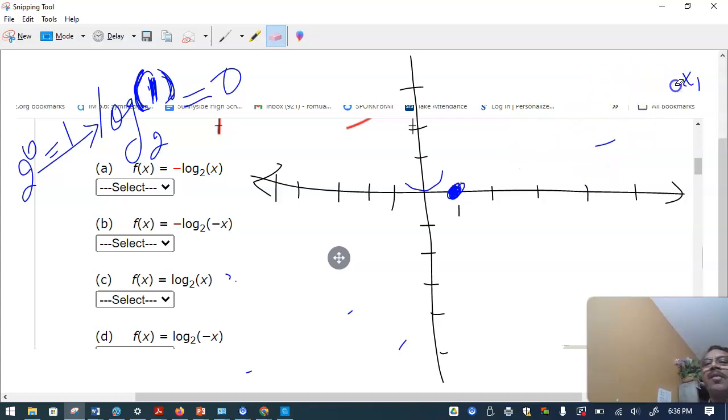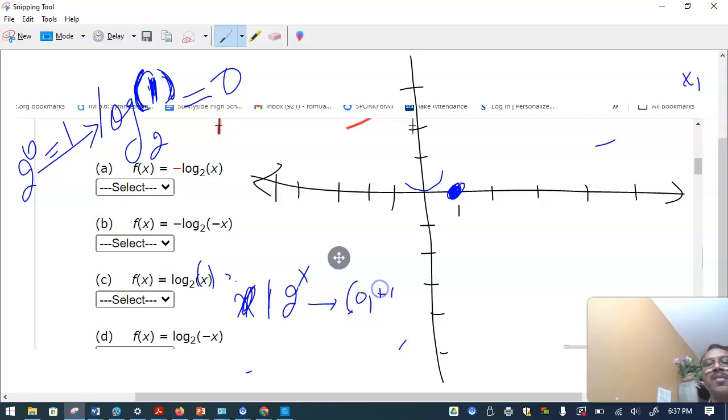The main graph means what? The x in the parenthesis cannot be 0 also. Because we have seen that for 2 raised to x, the range is 0 to plus infinity. So when you talk about logarithm of x to the base 2, the range there becomes the domain for this logarithmic function. And that's why x has to be greater than 0.